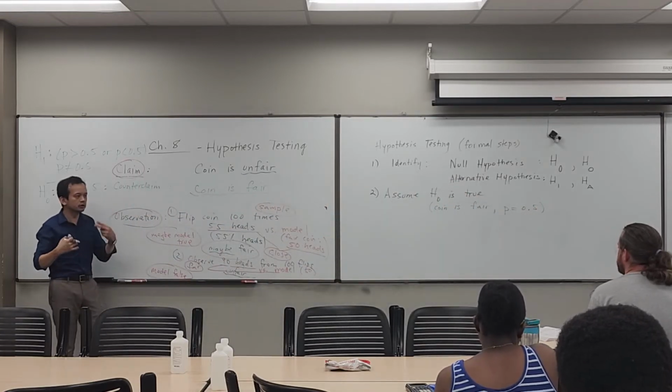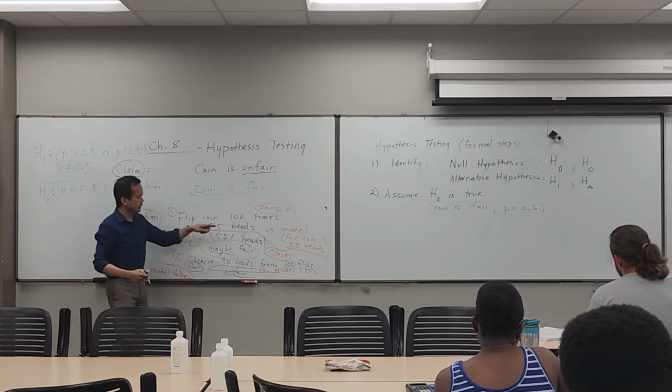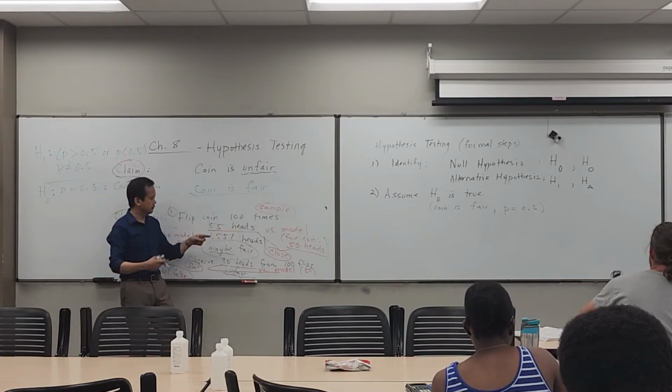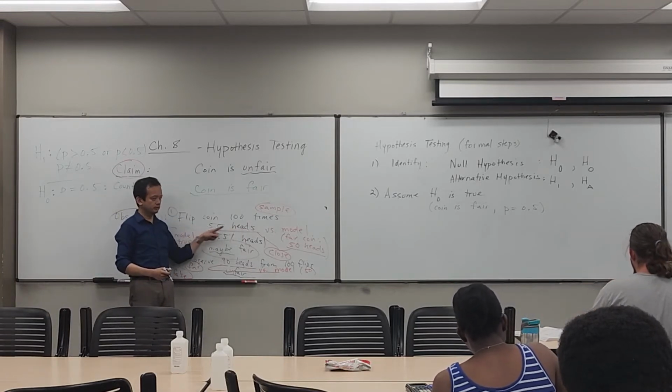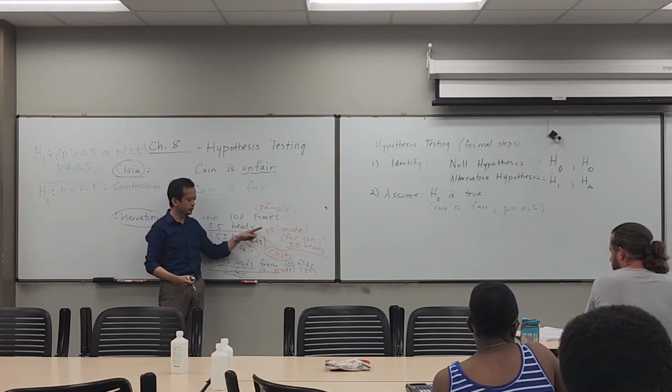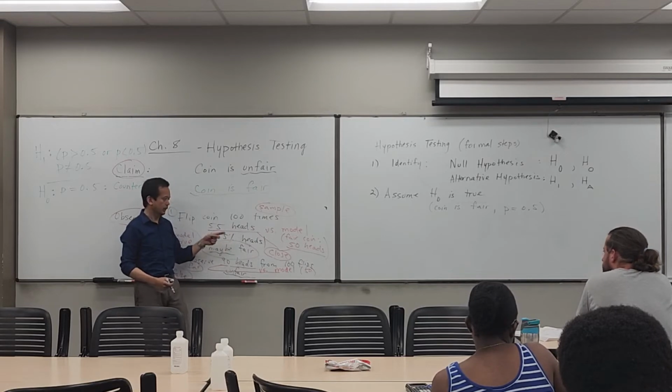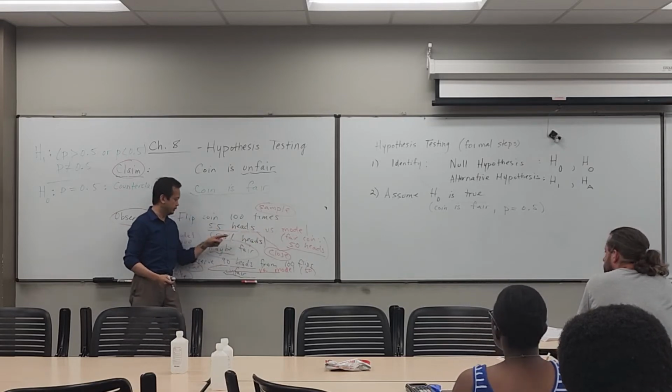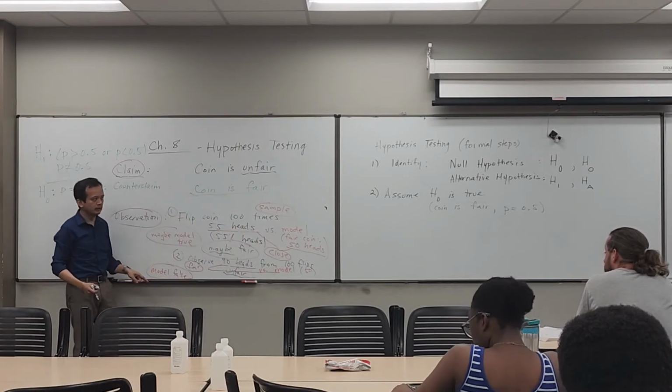If you look at it intuitively, what we were doing before is later on, we're going to take the observation of 55 heads, and we're going to compare it with some model. And if it's close enough, then we say maybe the model is true. And if they're far away, then we say the model couldn't possibly be true.